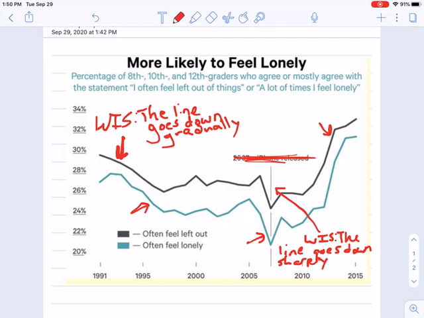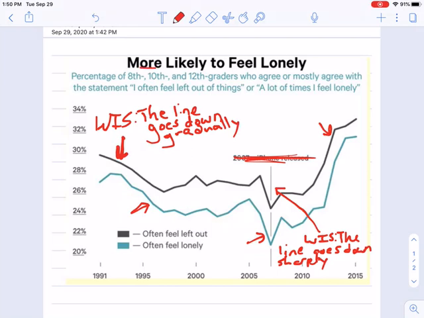Now the next step after we write our what I sees is to interpret them. Remember, when we interpret an observation, that is an inference. So we can look at the graph to help us start interpreting.